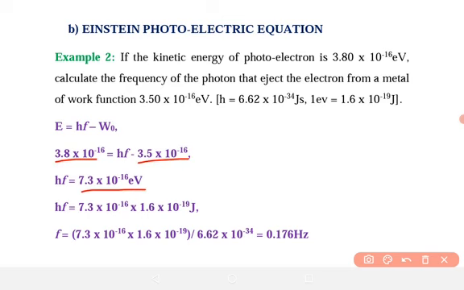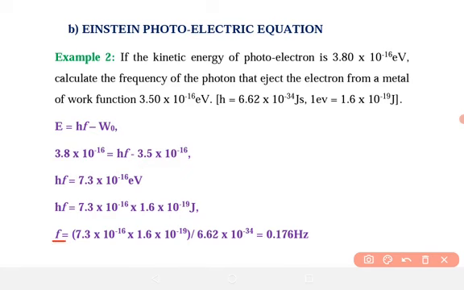That's our hf, which means we can now convert our hf to joule by multiplying this value with 1 electron volt, and that is what we have here. After doing that, we make our f the subject of the formula.